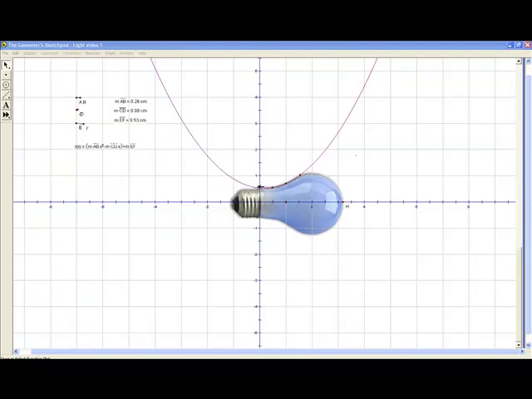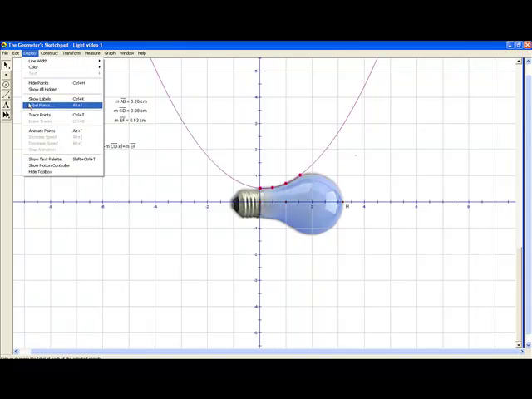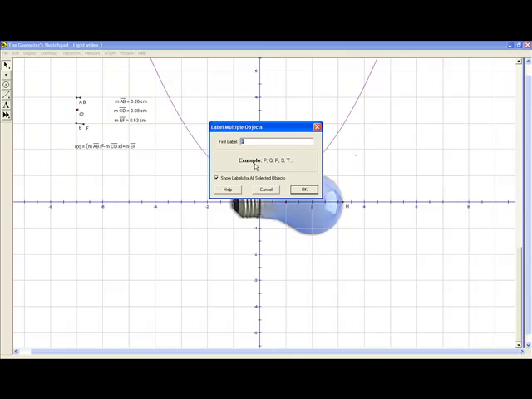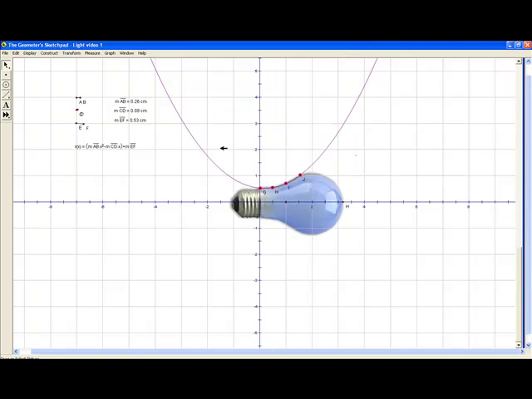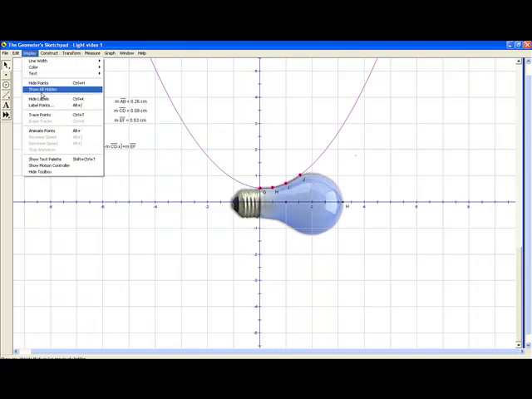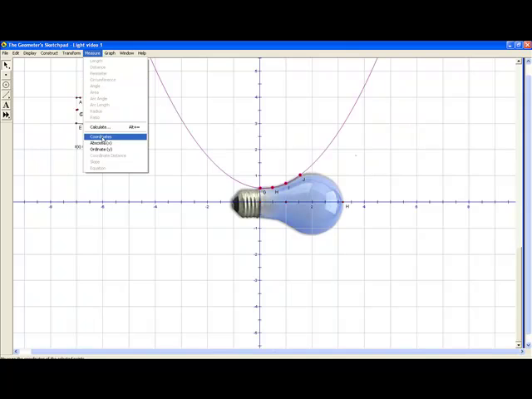My next step is to label and find the coordinates of these points. This last point is really the one I care about the most.